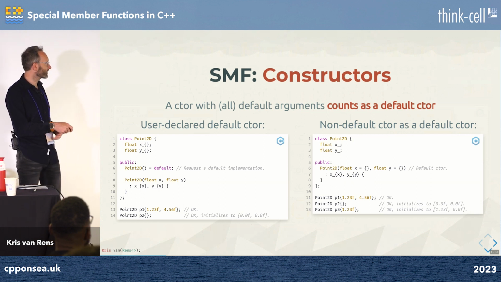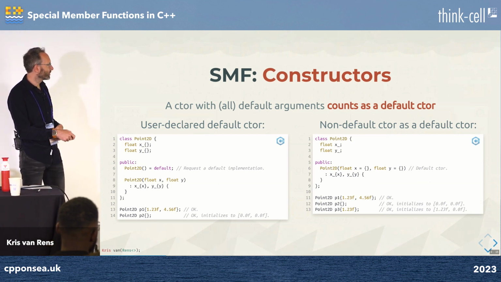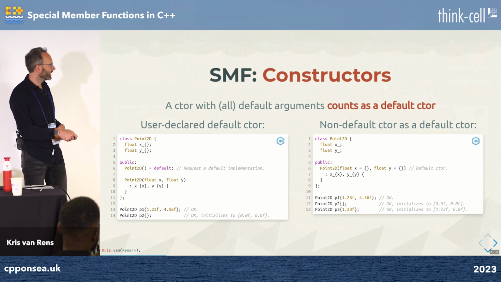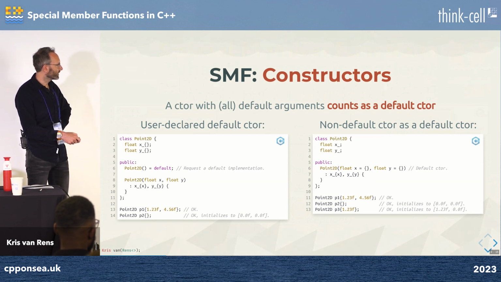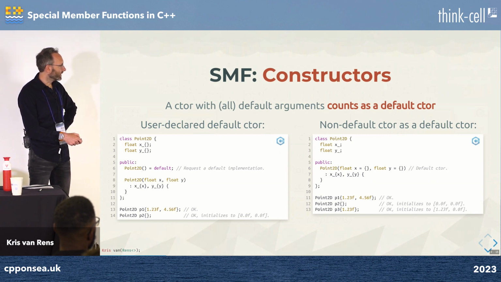constructor. If we have this example here on the left, where we have 2 separate constructors, an explicit default one and a non-default one, and we can create this point like this, then it's equivalent to this. So this constructor here, which takes default arguments for x and y, actually counts as a default constructor.